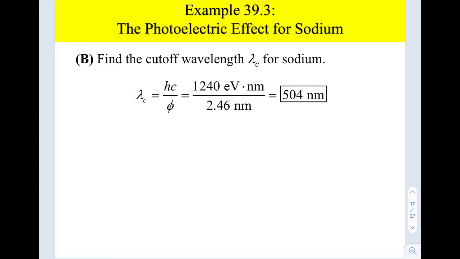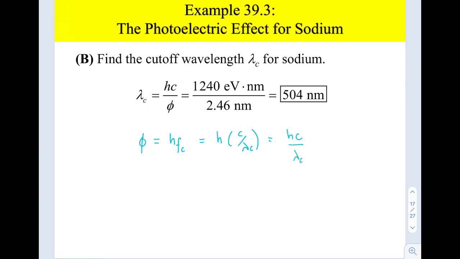Find the cut-off wavelength lambda_c for sodium. The work function is equivalent to hf_c, and that is h times c over lambda_c.